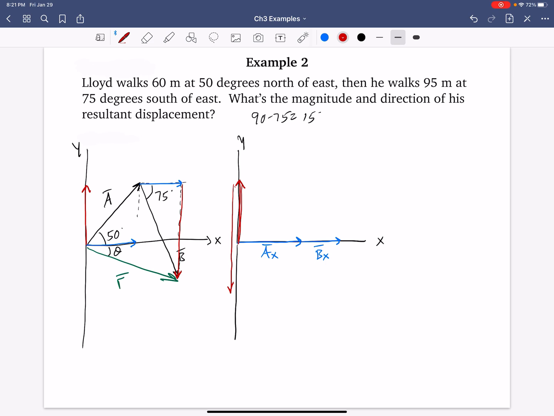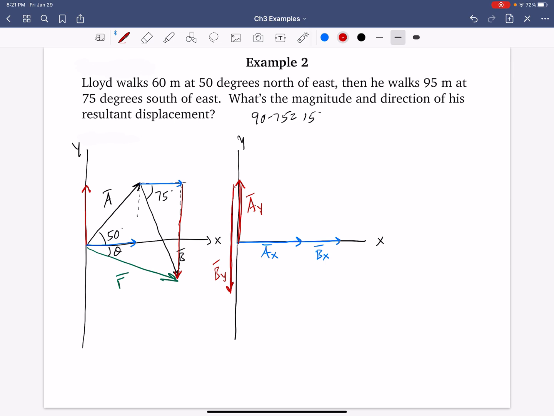There you go, something like that. So BY is on the outside. There we go. AY is on the inside. That's what we have pretty much for components.